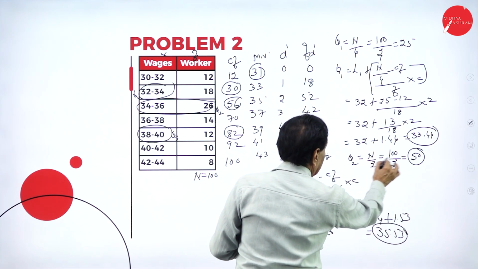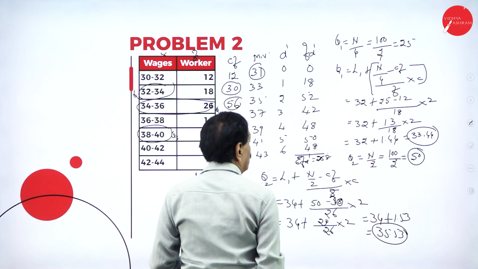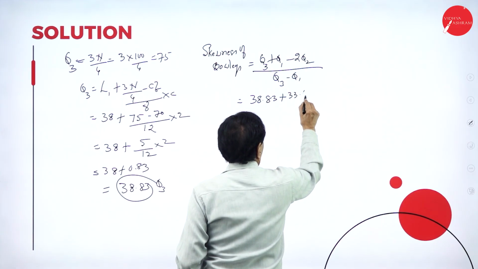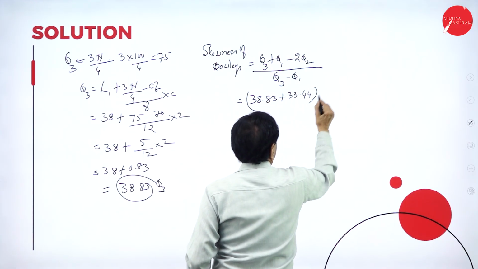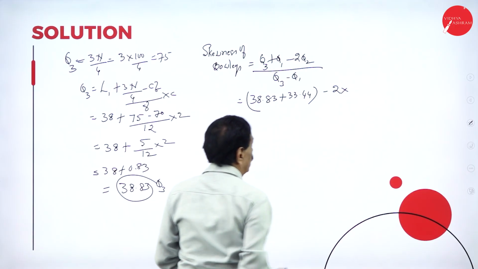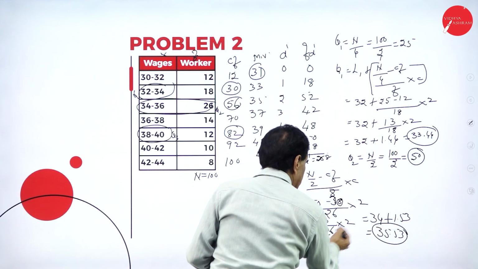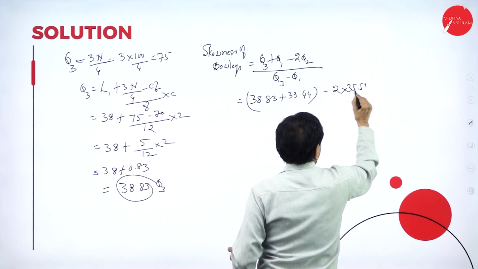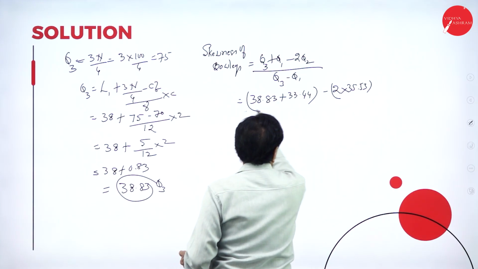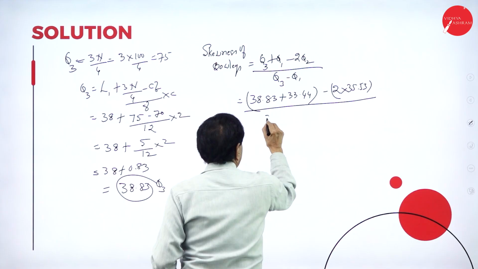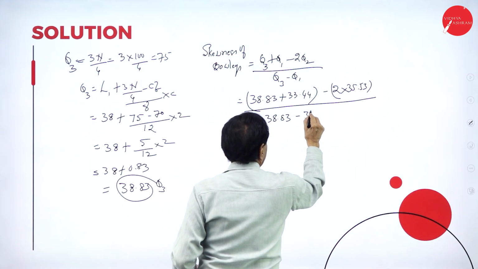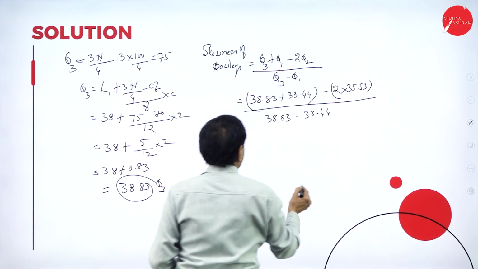Your Q1 is 33.44. 33.44 minus 2 into Q2 is 35.53, bracket, divided by 38.83 minus Q1 is 33.44.